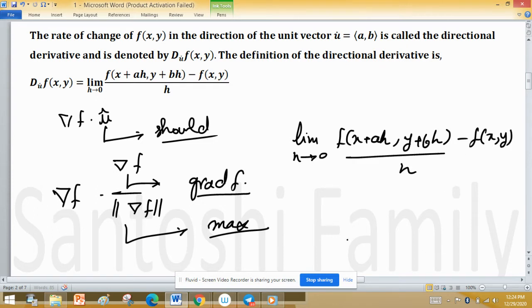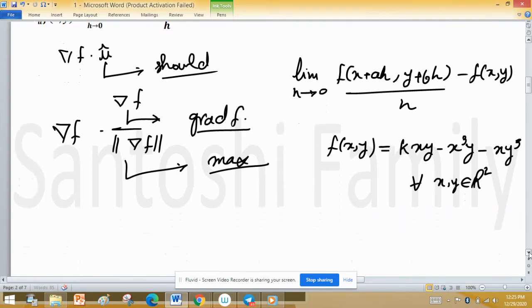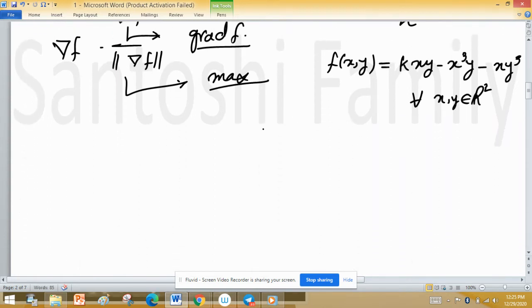We will use this concept. f is a function of two variables x and y, given as kxy minus x cube y minus xy cube for all (x, y) in R2. Now u is minus 1 upon root 2, comma minus 1 upon root 2. It is already a unit vector, so no need to check or make it a unit vector. It is given to us.